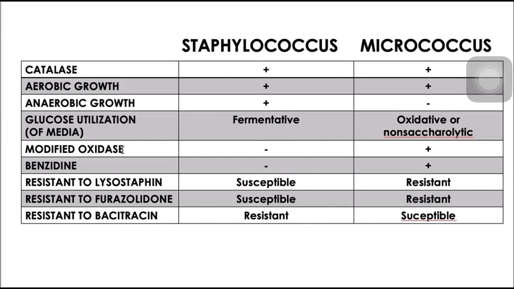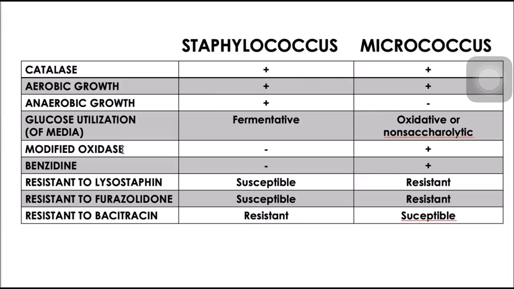As you can recall, the oxidase test requires the reagent tetramethylparaphenylene diamine dihydrochloride, while for modified oxidase, we just add dimethyl sulfoxide. So the reagent for modified oxidase is tetramethylparaphenylene diamine dihydrochloride with dimethyl sulfoxide.